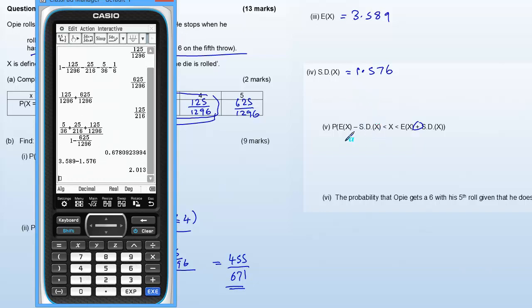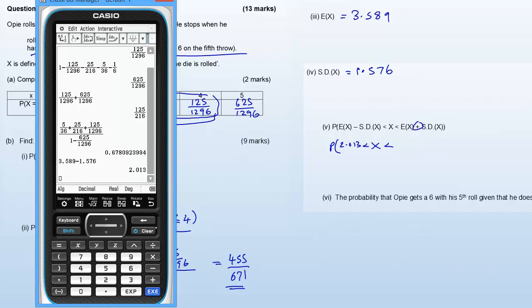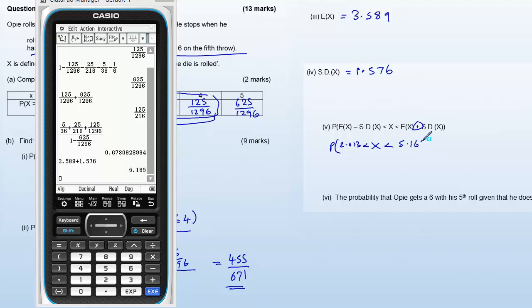So we're looking at the probability that X is greater than 2.013 and less than 5.165, which is the same as X being greater than or equal to 3.